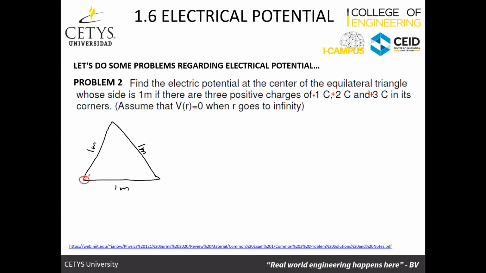We've got a positive charge here of 1 coulomb, another charge here of 2 coulombs, and another charge here of 3 coulombs. Trick question for what we're going to be doing. Right now, we're talking about electrical potential or energy. Remember, it's the energy I would require to grab a charge and put it here in the center.